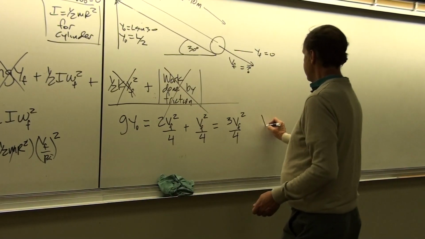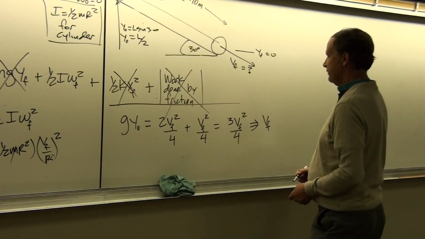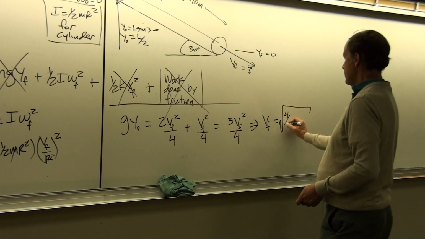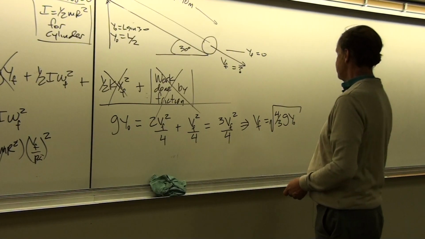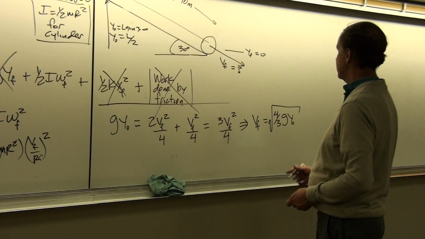And so therefore, solving this equation for v final, we get that that's the square root of 4/3 gy naught. And now how does that compare with what we had before without rotational kinetic energy?